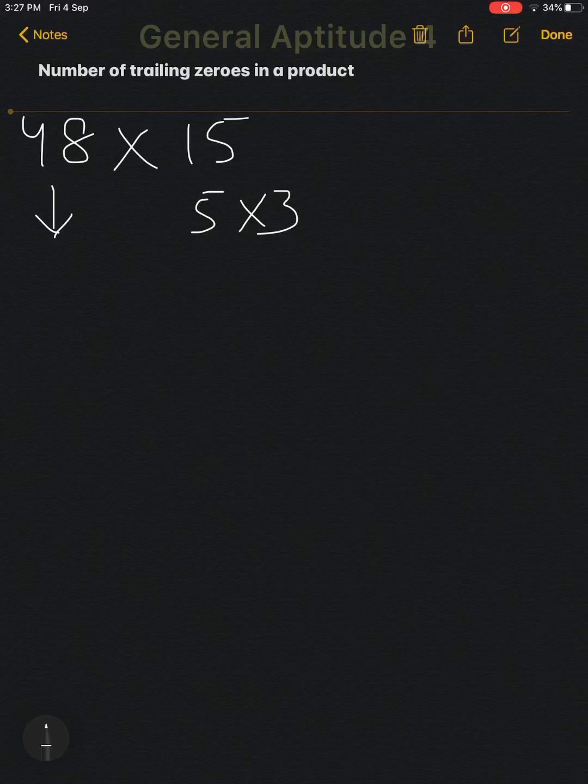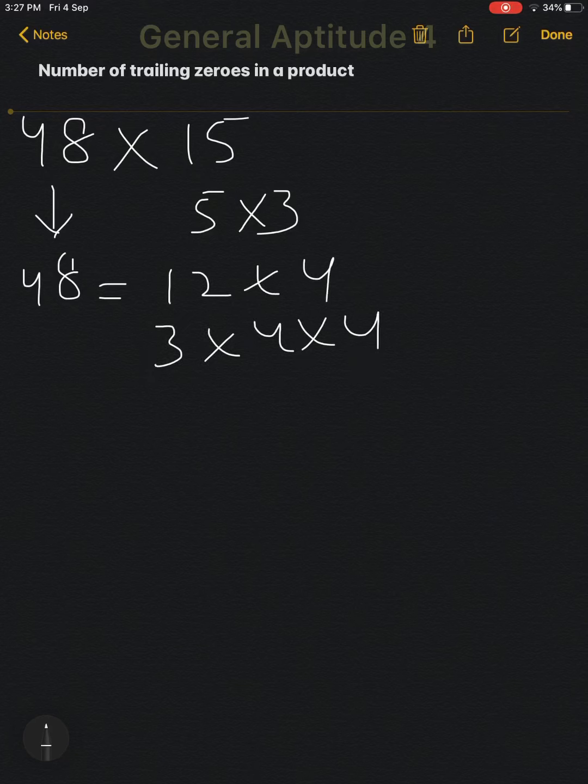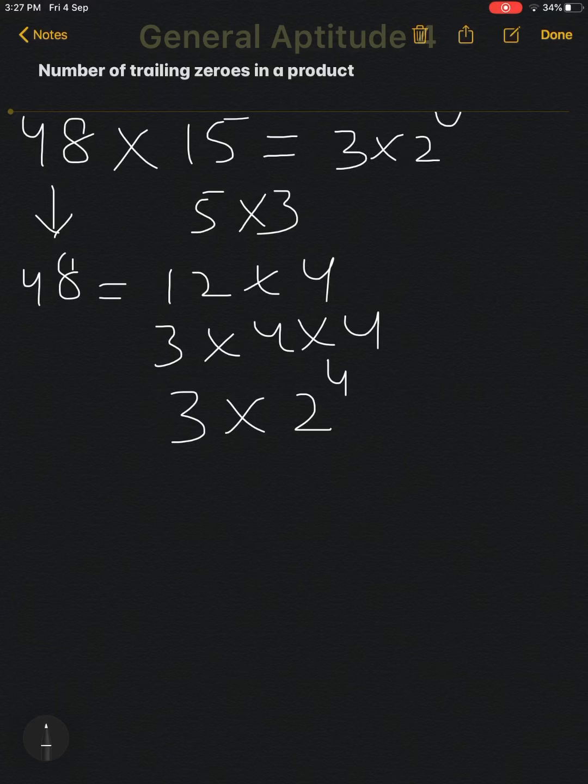So how can you divide it? 48 is equivalent to 12 into 4, again 3 into 4 into 4. So this is 3 into 2 raised to the power 4 actually. Clear? So this number is nothing but 3 into 2 raised to the power 4 into 5 into 3.